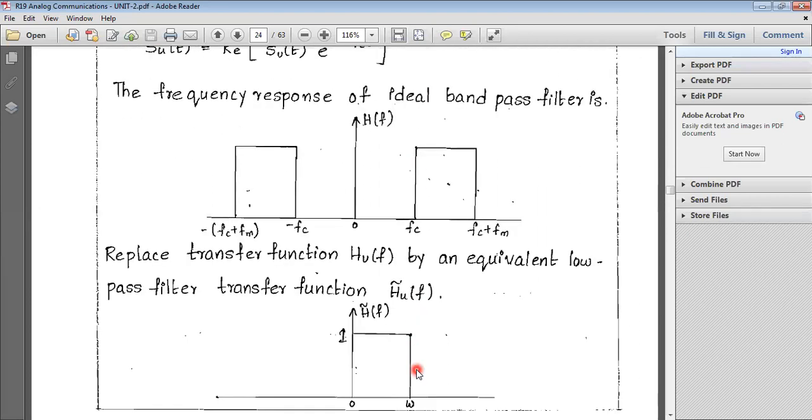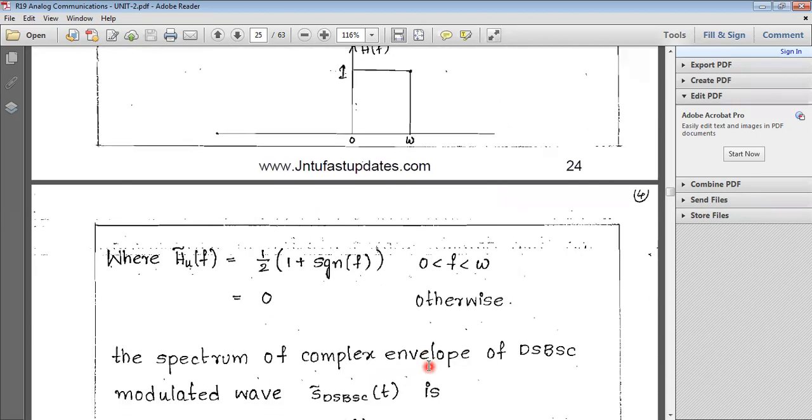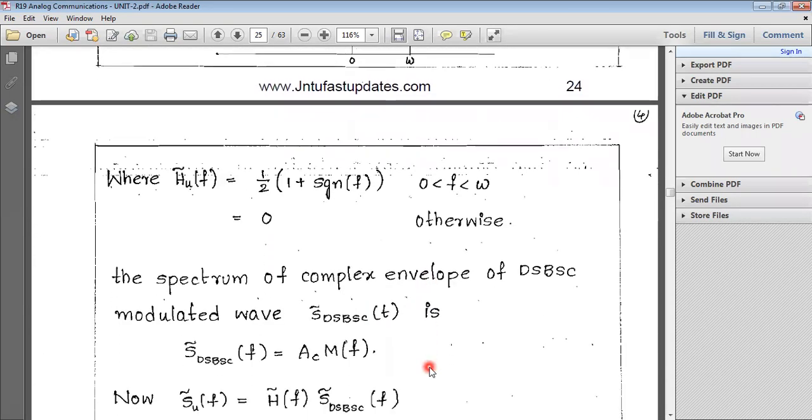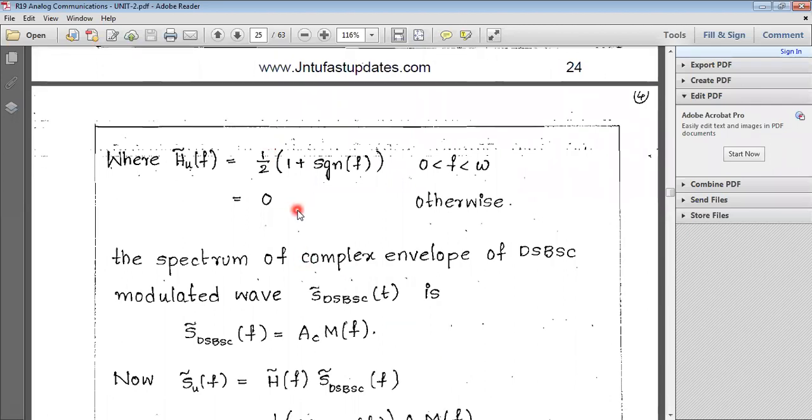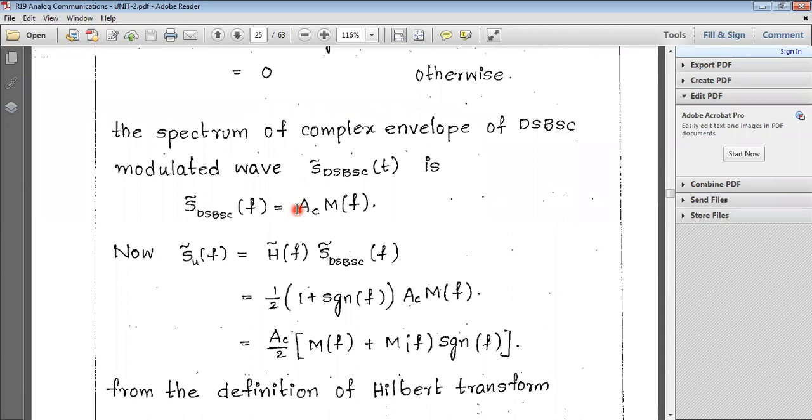So for that purpose, first you consider the transfer function for the band pass filter and the transfer function for the low pass filter. So from that you have this term HU of f equal to half of 1 plus the signum function. So take a DSBSC complex waveform. From that we have the relation, that is how we got the complex envelope for the SSB signal when we pass the DSBSC signal through the band pass filter.